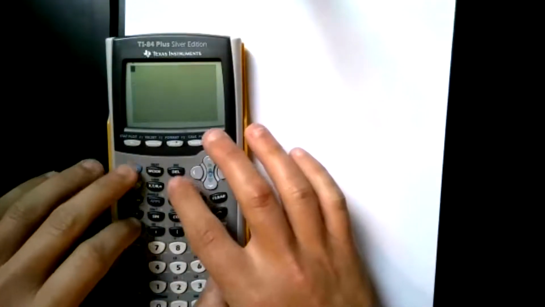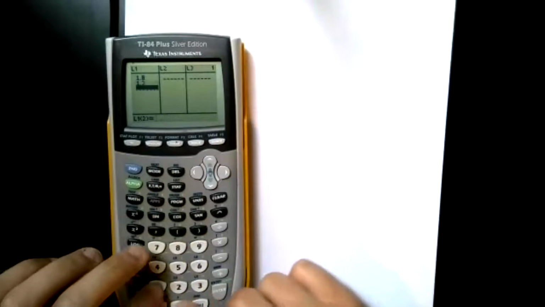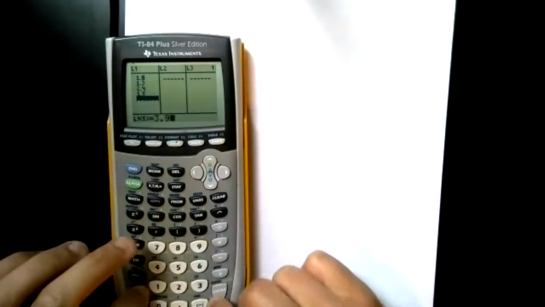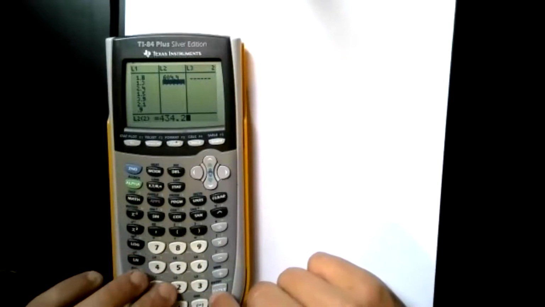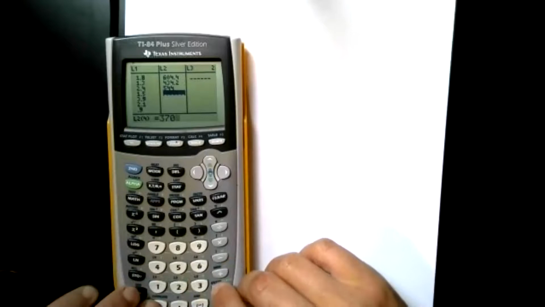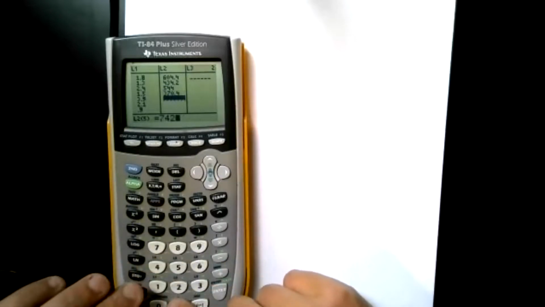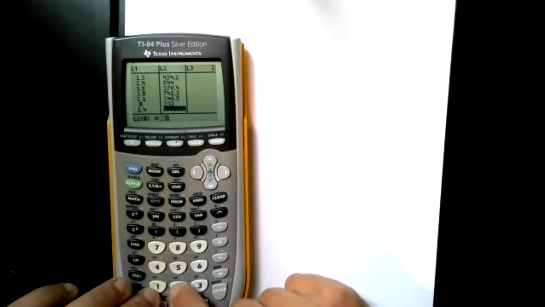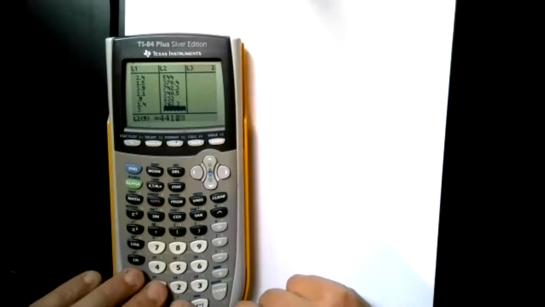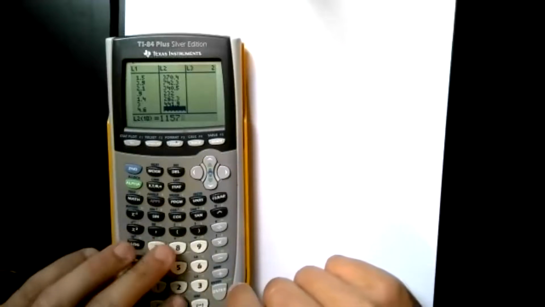Now, put the second set of values in list 2. Make sure that all of your data points are paired.